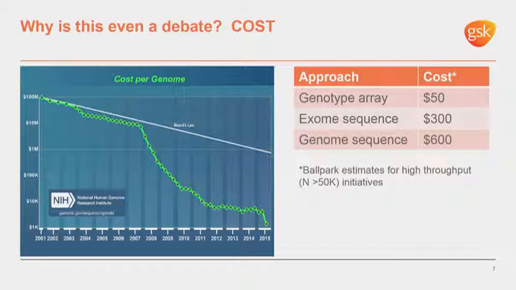Exome sequencing at scale these days is roughly $300 per complete exome. Genome sequencing, the prices vary depending on who you talk to. I had heard some numbers as low as perhaps $600 by the end of this year. I think the more realistic costs are perhaps up in the $800 range, but it's definitely sub $1,000.